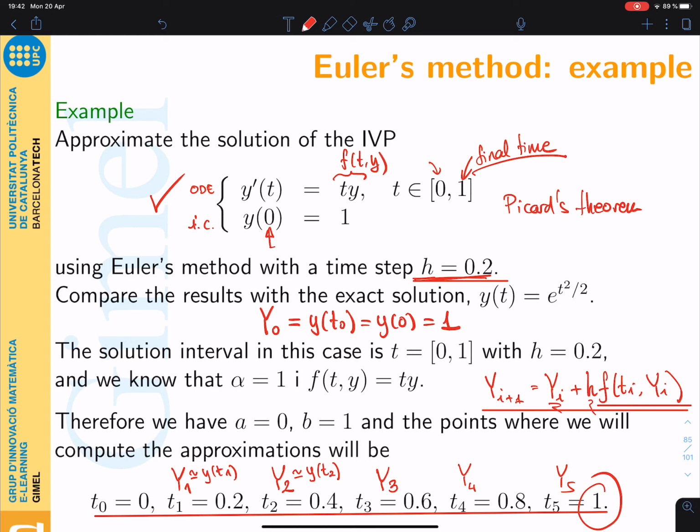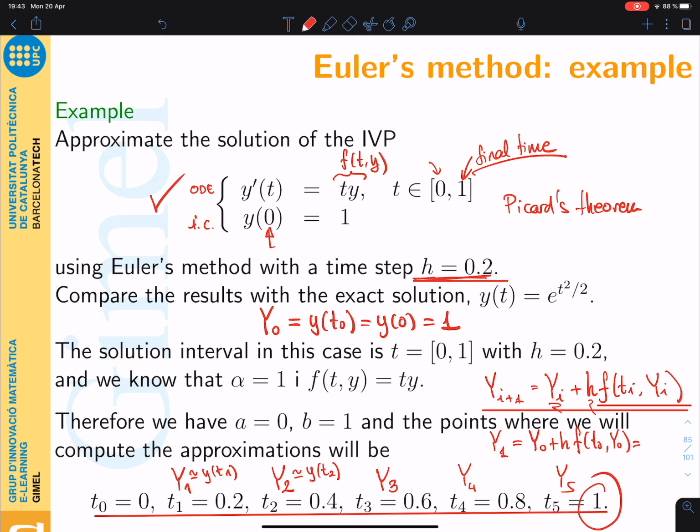So let's use this formula to compute, for example, y1. y1 means that in this formula here, i is 0. So here I have y0, t0, and y0. Let's do that. I have here y0 plus h times f of t0, y0.